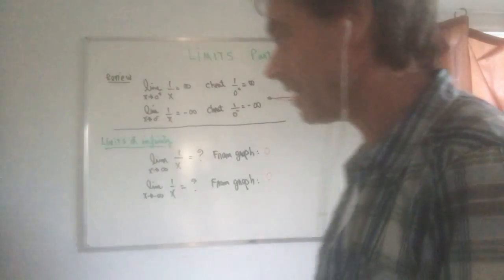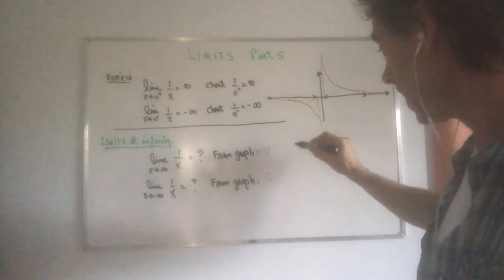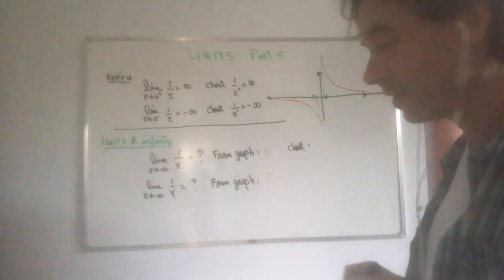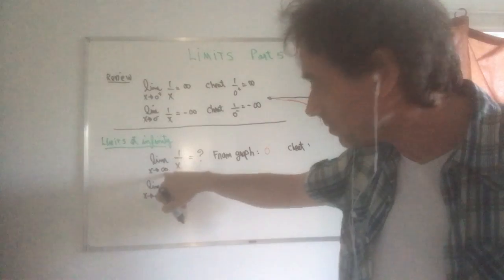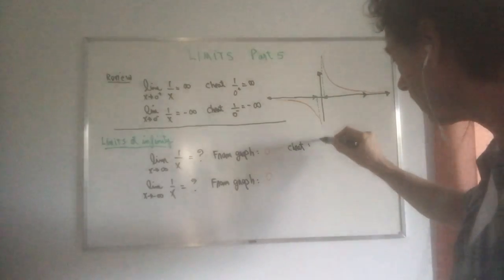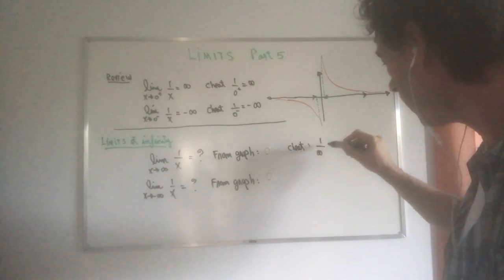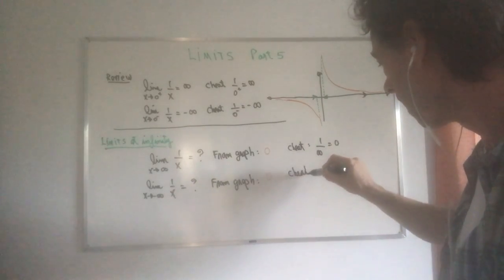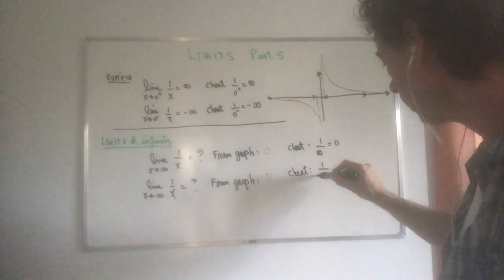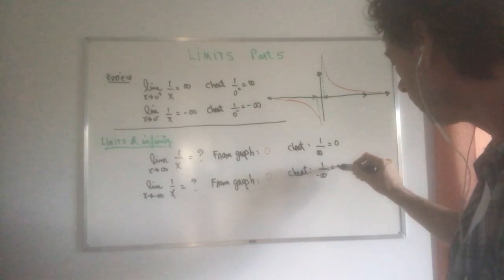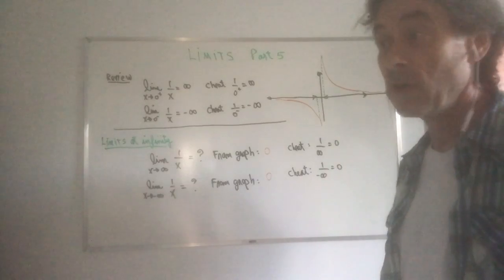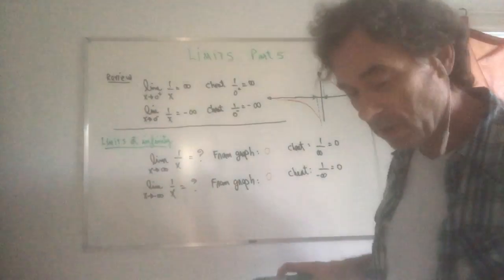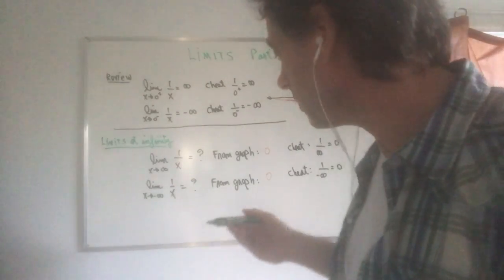So what does that mean? It means that, again, if we cheat on this, that is, if we replace x with infinity, we get that 1 over infinity is 0. And if we cheat on this one, we get that 1 over negative infinity is 0, which gives us a very good overview of certain very important quantities in this chapter.